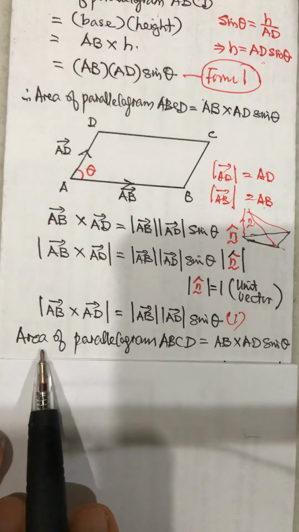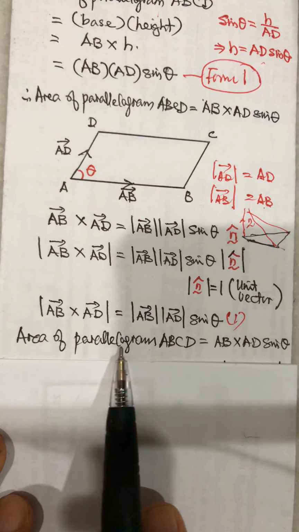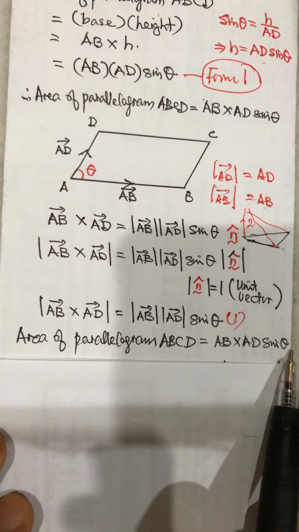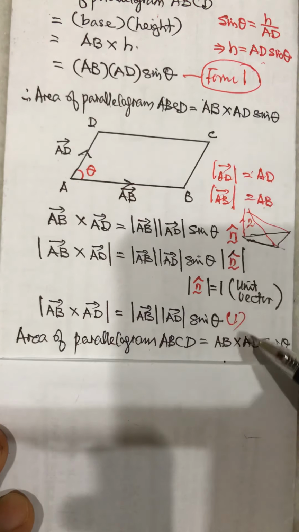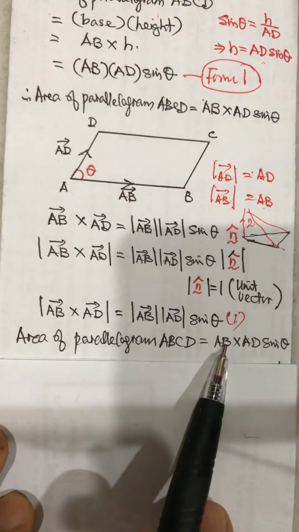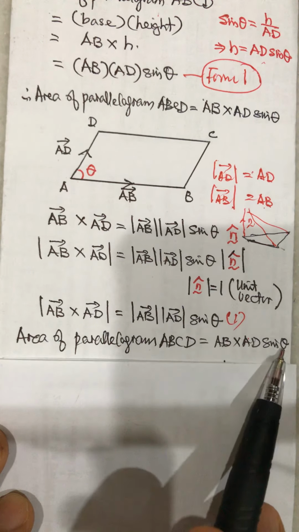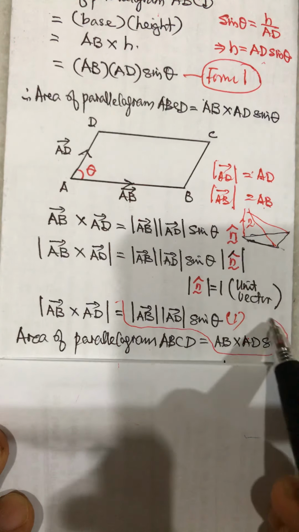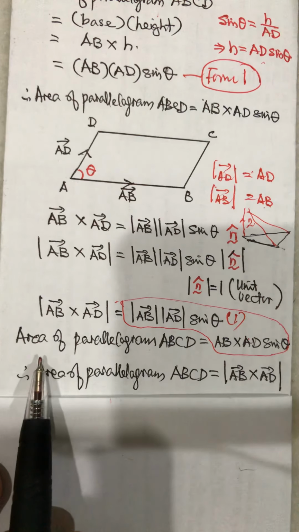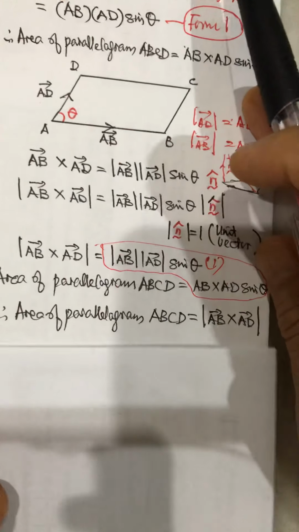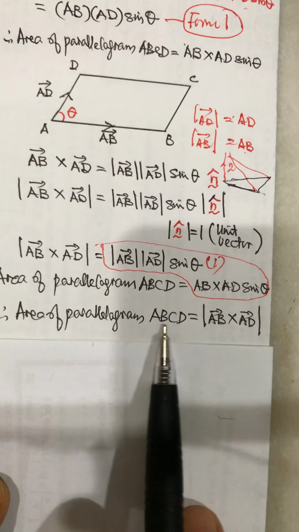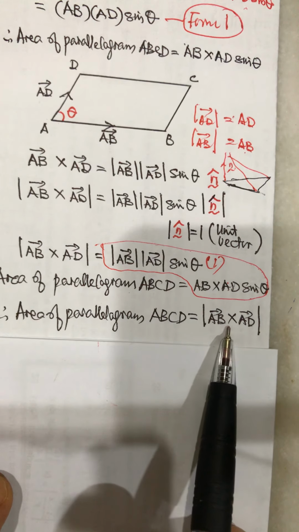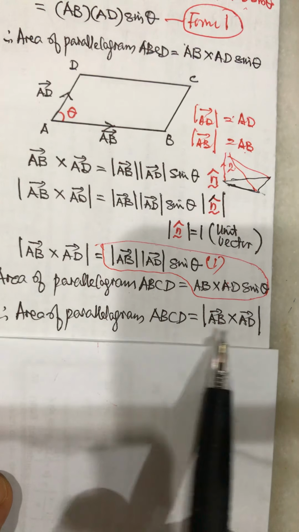So you can see that from just now, the area of parallelogram ABCD is AB, AD sine theta, and I told you already they are the same. Therefore, from here I can conclude that the area of the parallelogram is the same as you cross vector AB with AD and then find the magnitude.